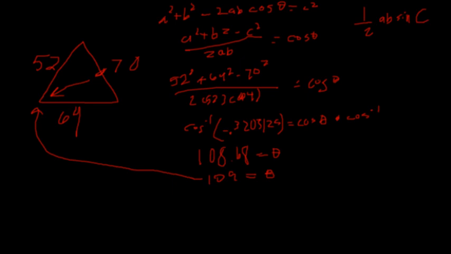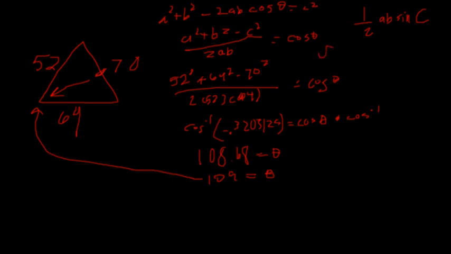Or you can do Heron's formula. And I'm going to prefer to use Heron's formula because it's less arbitrary than this one, where you'd have to pick what side you choose and then change your formula.